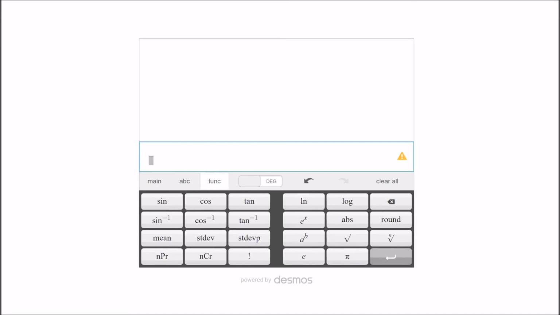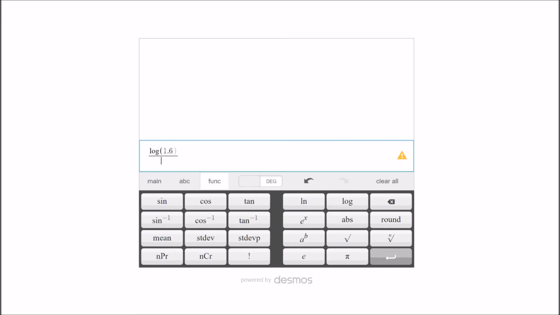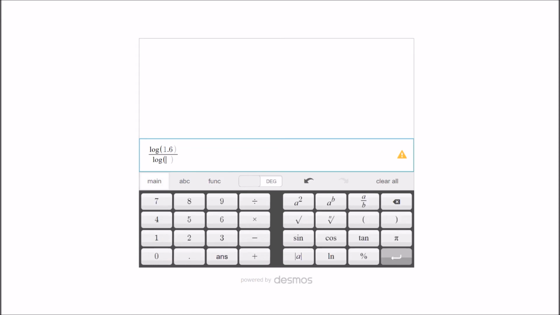So I'm going to go to function, and go to log, and I want log of 1.6, so you probably want to type in the 1.6 inside the log. So log of 1.6 divided by log of 1.048, and then your answer shows up here.